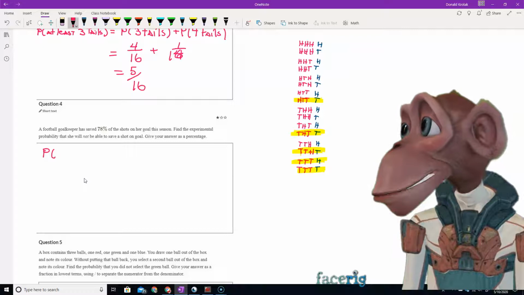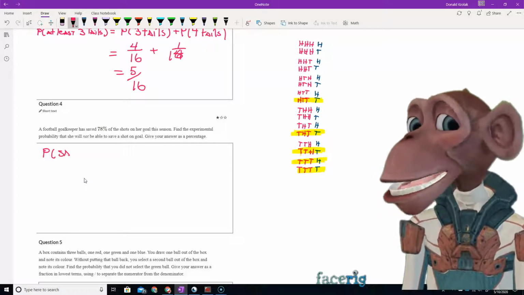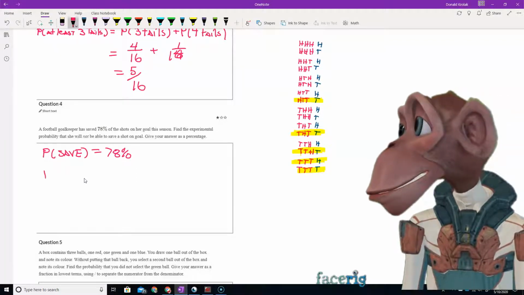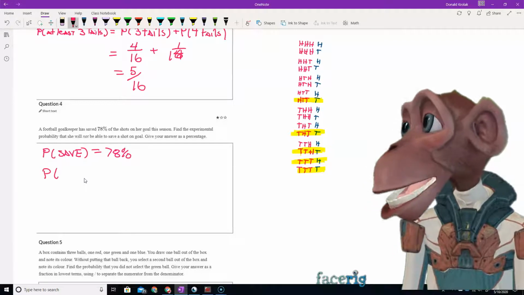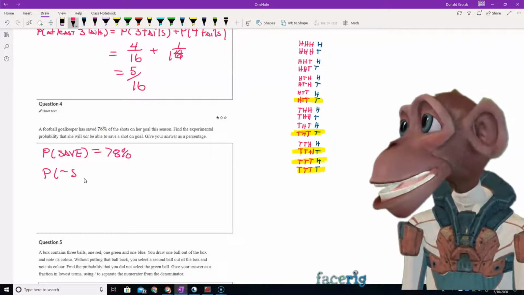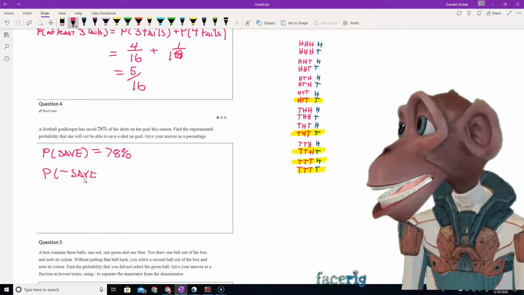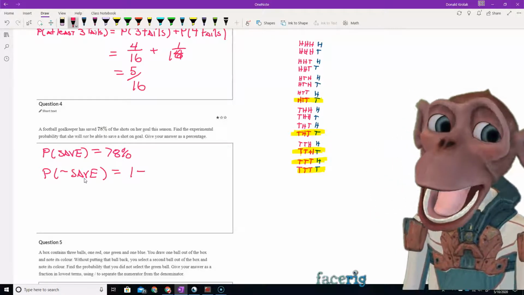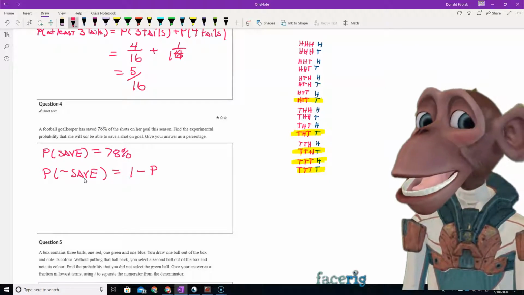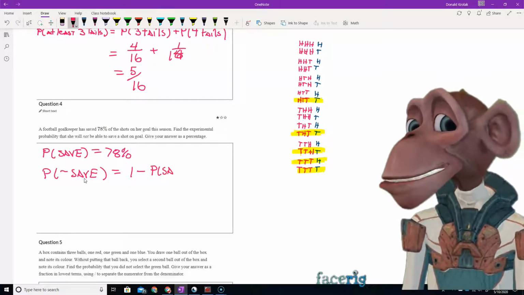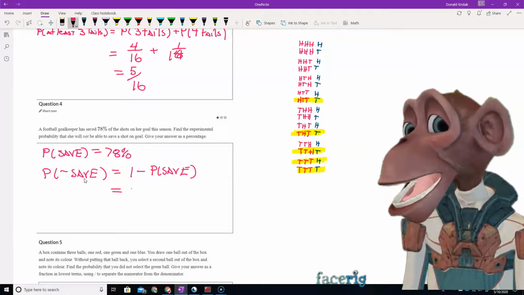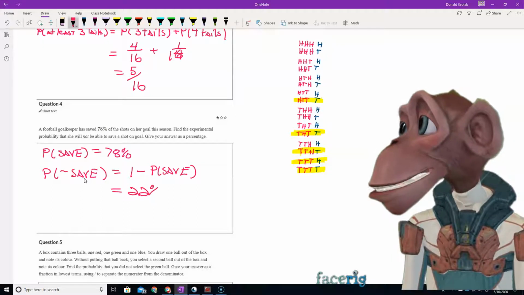So if the probability of a save is 78%, then the complement of that, not a save, would be 1 take away the probability of a save. So it's just 100 minus 78. So that would be 22%.